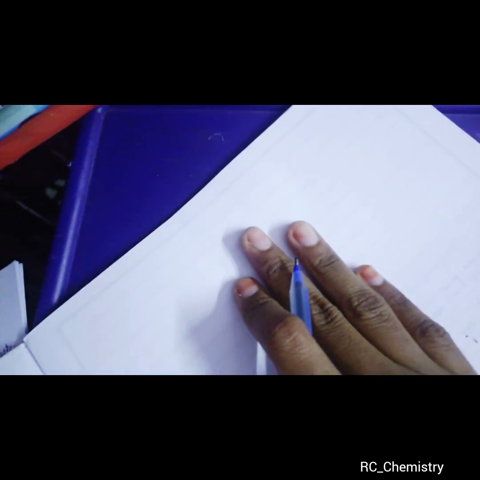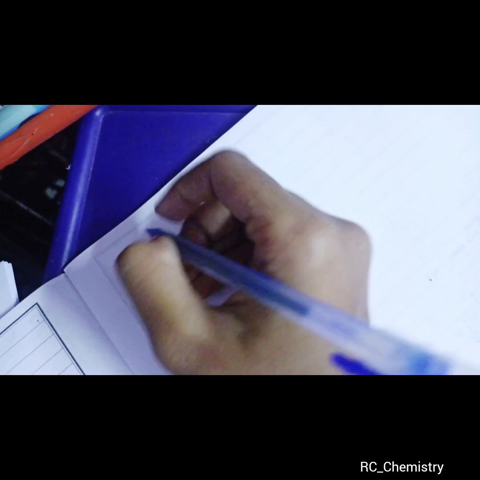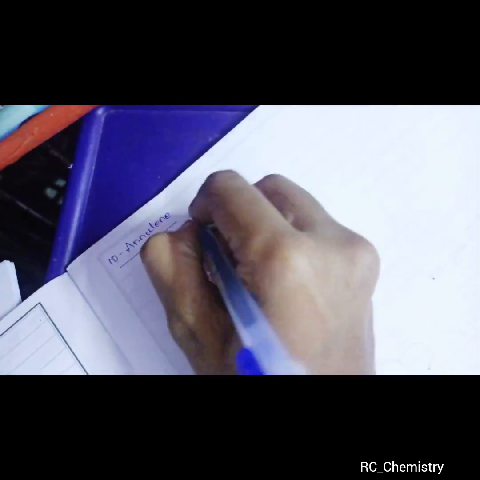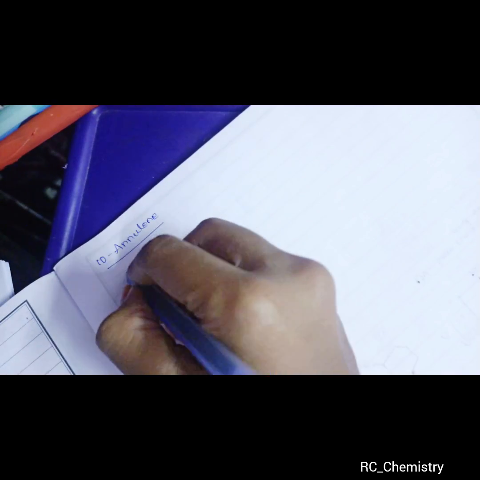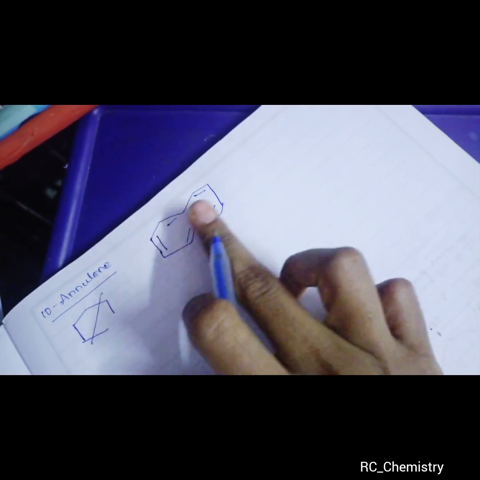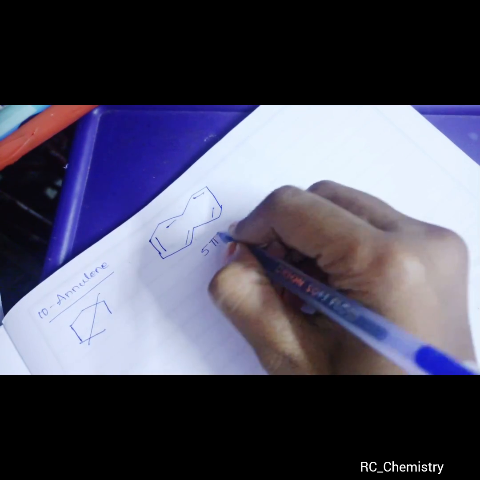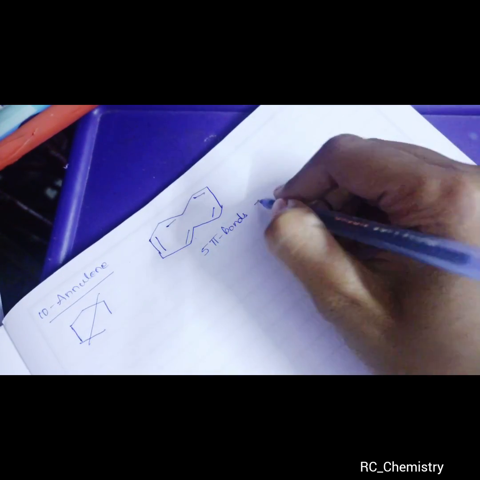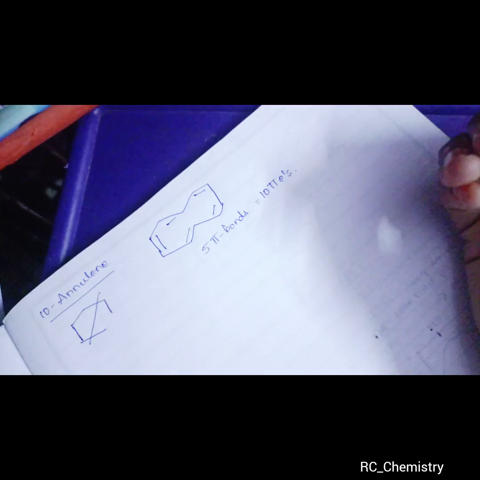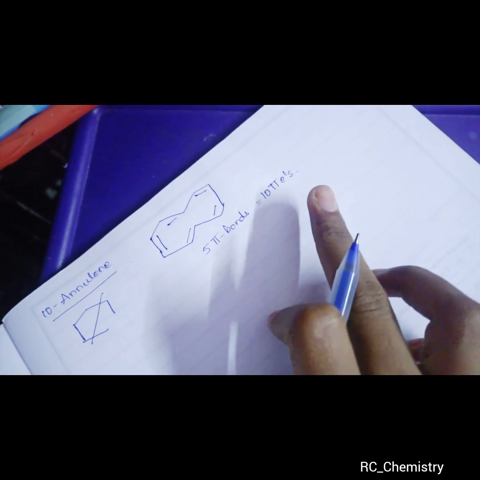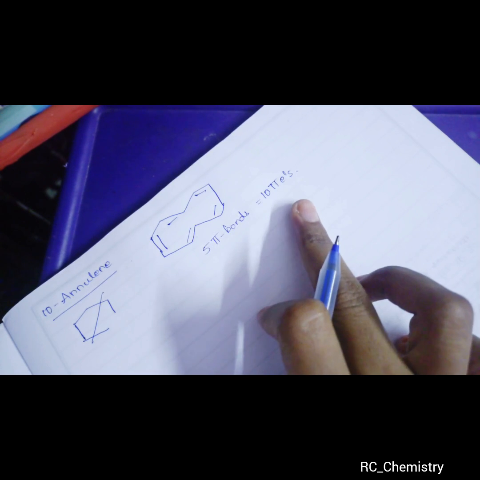Now, let's come to another one, which is 10 annulene. First of all, count the total number of pi bonds: 1, 2, 3, 4, 5. 5 pi bonds give us 10 pi electrons. So, as it contains 10 electrons, we think that it has aromatic character.